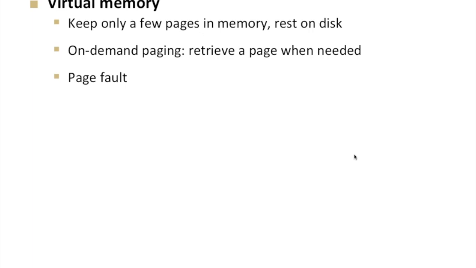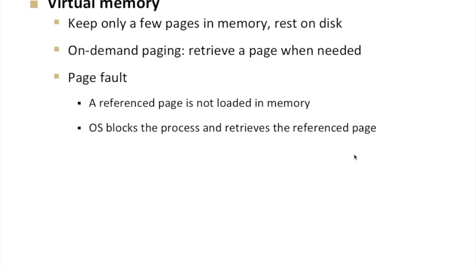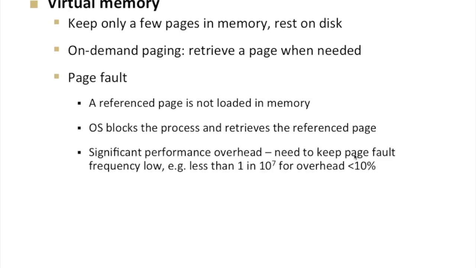Whenever the page is not in memory and we need it, we're going to create a page fault, which is a trap into our kernel. The kernel is going to block until it can retrieve that page for the current process. And while it's doing that, it can actually run other processes while it's waiting for that disk I/O to complete.